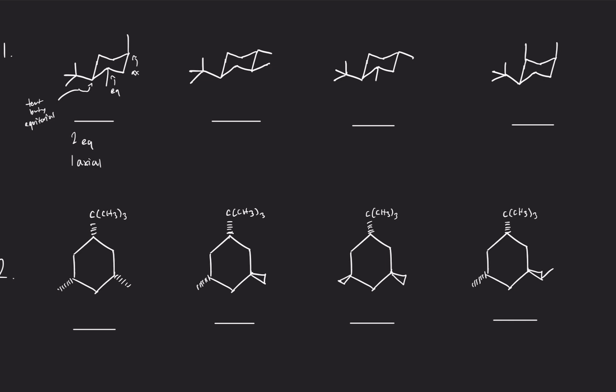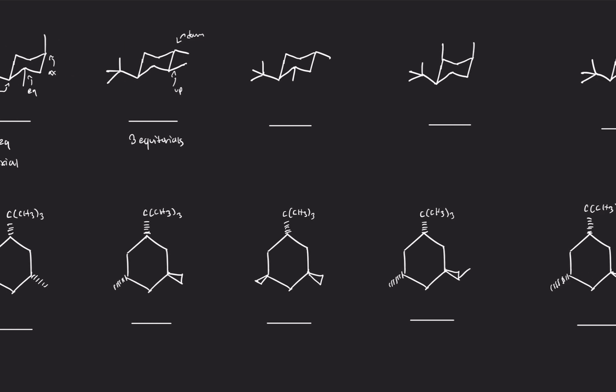Second molecule, I have two methyl groups, this first one is facing down, this one is facing up. Because they're opposite to the vertexes, they're both equatorial. So here I have three equatorials, and my two equatorials are in opposite directions.